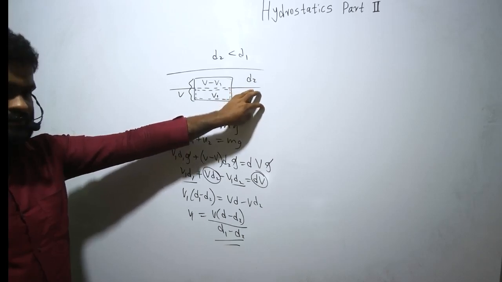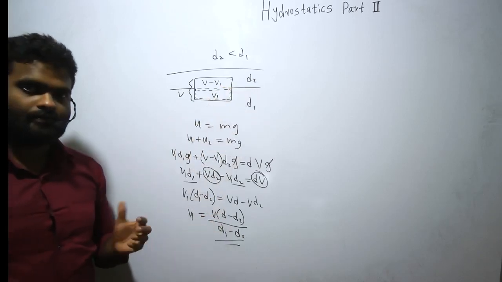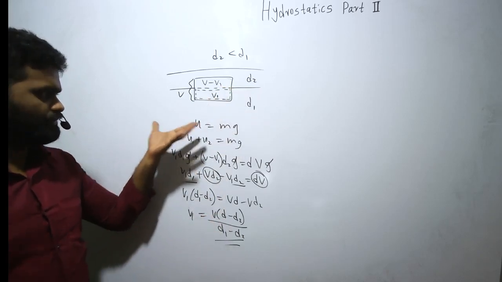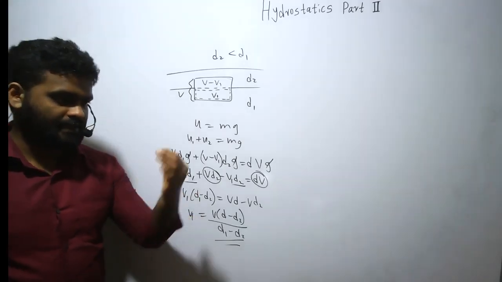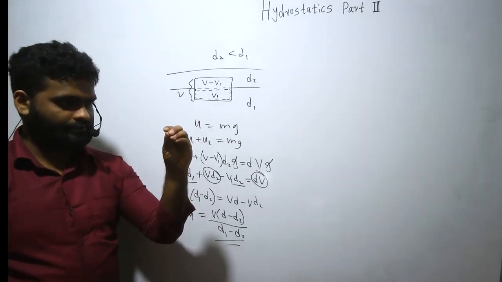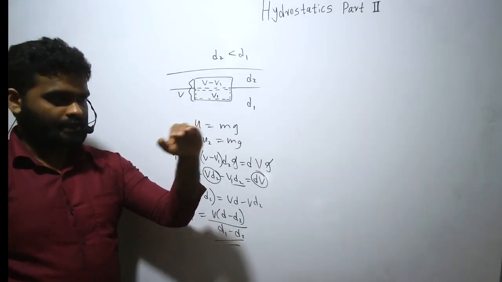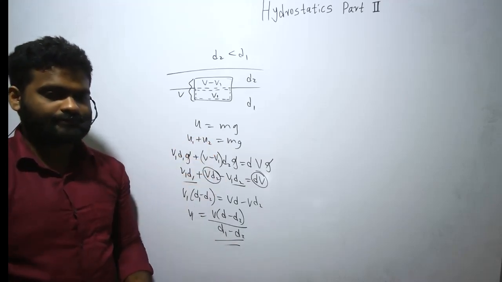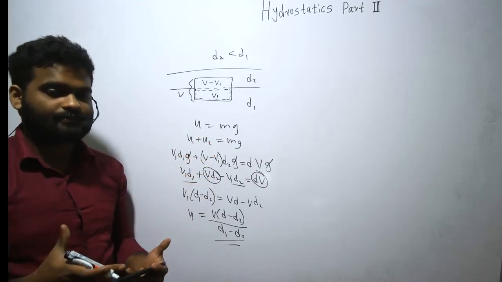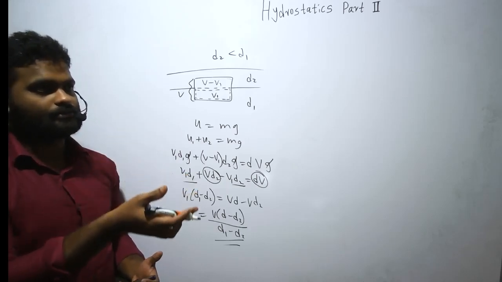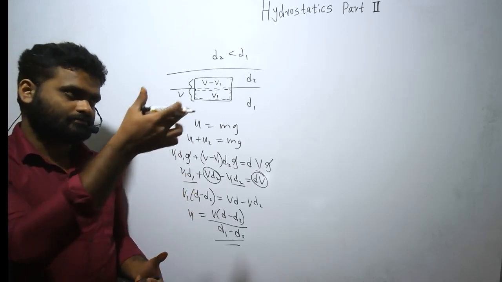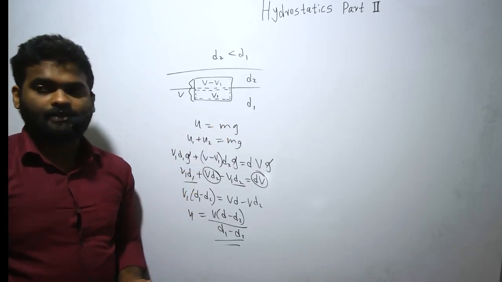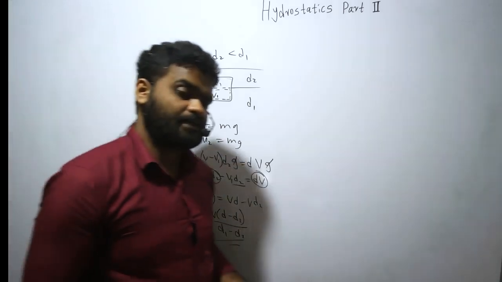So in all these cases, you just have to apply U equals mg. But if there are several liquids, you have to get upthrust regarding each liquid, then add all those, so that the sum of those upthrusts is going to be equal to the weight of the object, given that the object is floating.